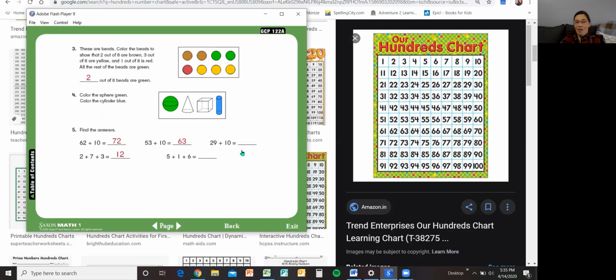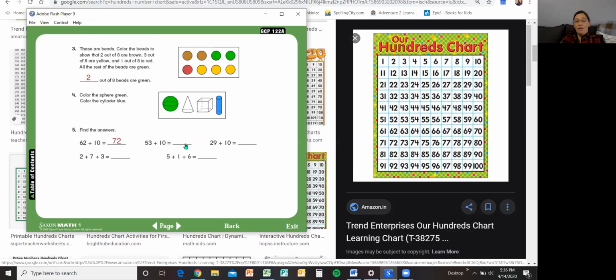Okay, and then here I have 29 plus 10. 29 is here, and then 10 more would be 39. So 29 plus 10 equals 39. Oh, I didn't choose that one. It went out of order. Back! I don't want you to see those answers yet. Okay. Boy, things are just going a little bit crazy in my mind.